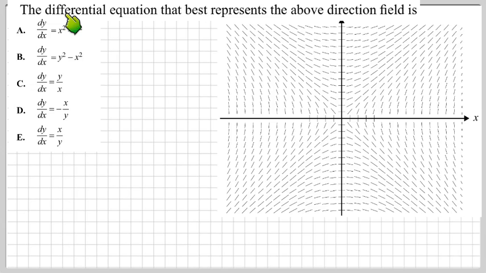Anyway, meanwhile, back at the ranch, the differential equation that best represents this, well, blowed if I know. However, I always do a few things when I'm checking these. I'll soon find out what it is. The very first thing I do is sweep along the x-axis. I see what's happening to the slope lines as a reference point when y equals 0. Then I sweep along the y-axis when x is 0, and I have a look at what's happening. And that tells me a lot.